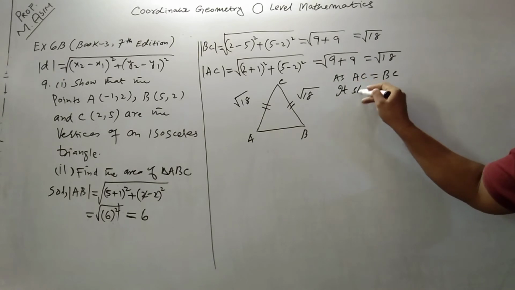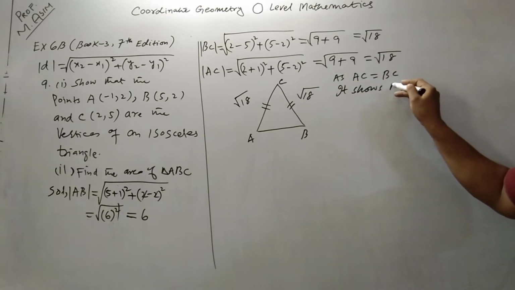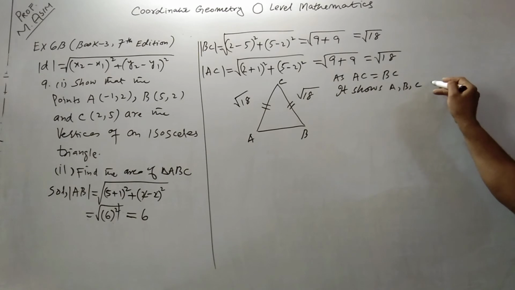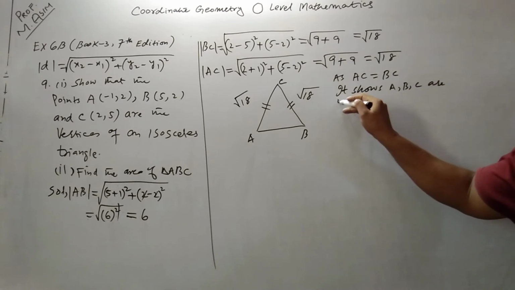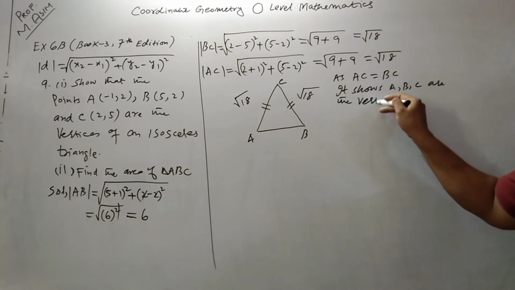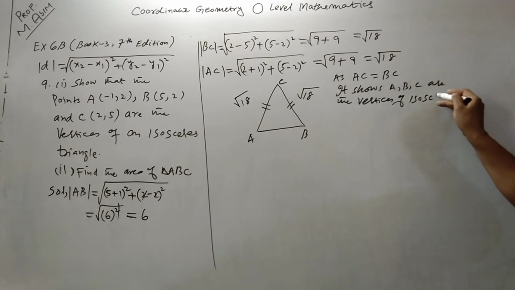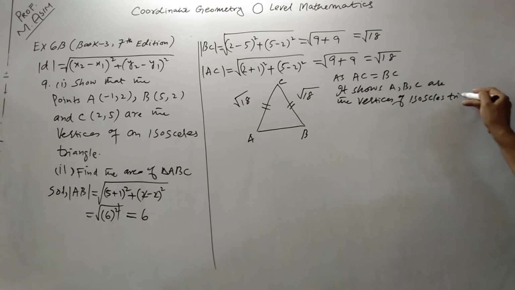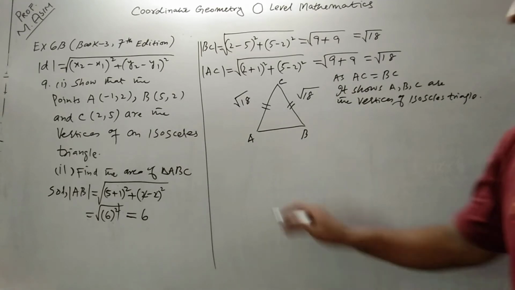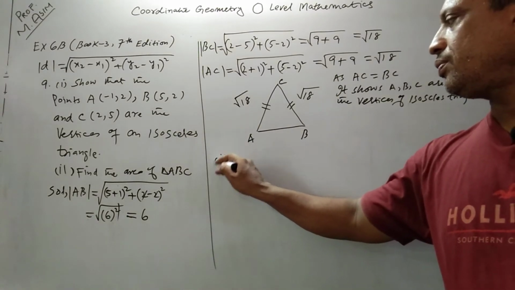It shows A, B, C are the vertices of an isosceles triangle. Hope you understand. Come to the next part, part 2.